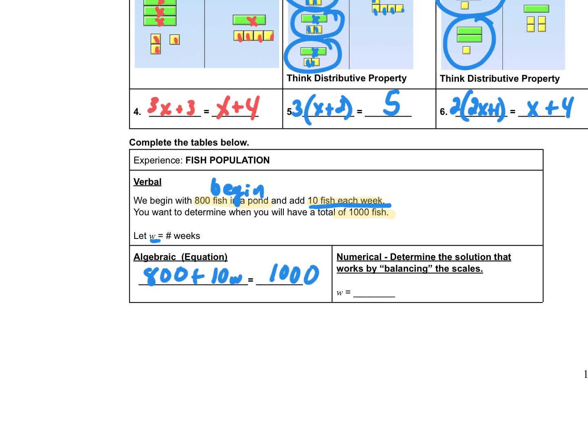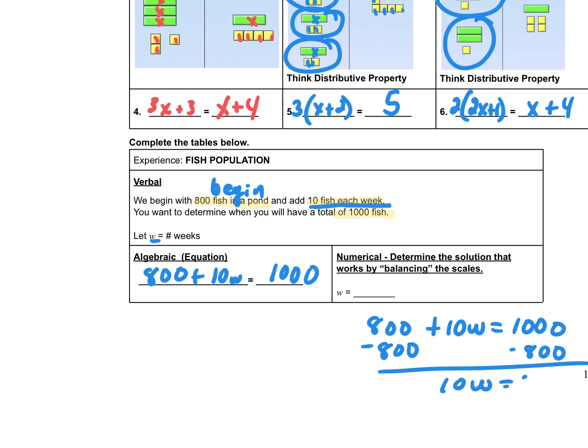And then on this side, we have to balance, or we are solving it. So if we have 800 plus 10W equals 1,000, subtract 800, 10W equals 200, and then W equals 20. So it's 20 weeks.